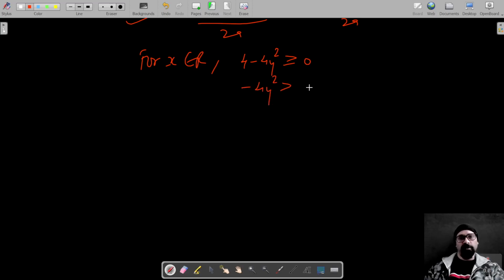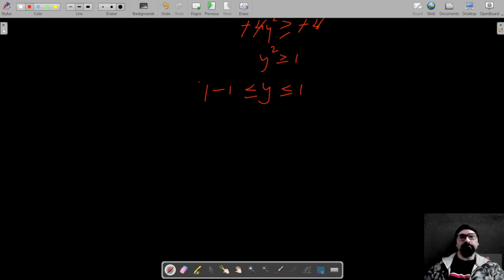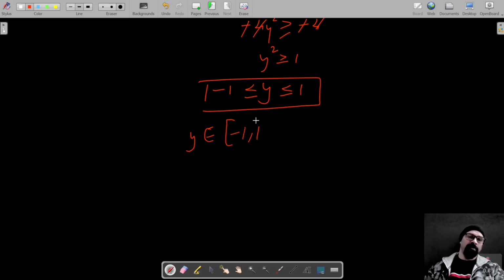Which gives me y square less than or equal to 1, which gives me y is greater than or equal to negative 1 but less than or equal to 1. So this is our range. Our range is restricted to minus 1 to 1, and this does not equal the codomain, which was the real numbers.